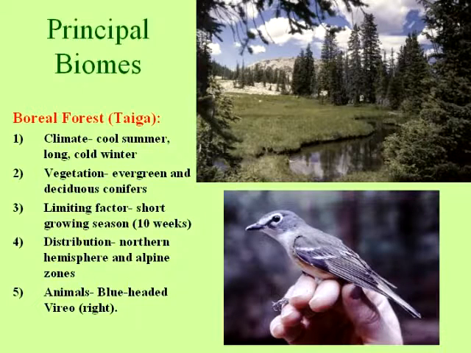You find boreal forest in a very wide swath across the northern hemisphere. A good deal of Canada is boreal forest, into northern regions of the United States, and all across northern Eurasia through Scandinavia and Russia. It's all boreal forest. It also extends south in the mountains, and what you're looking at in this upper photo here is alpine boreal forest that you find in the Rocky Mountains of Utah.